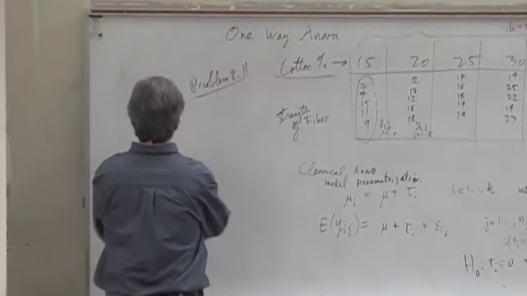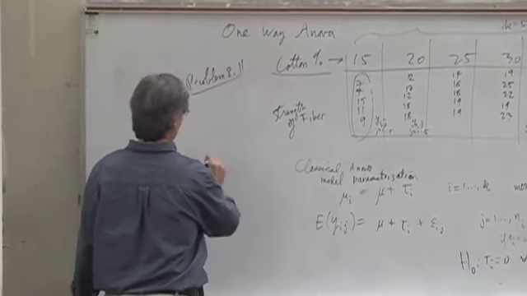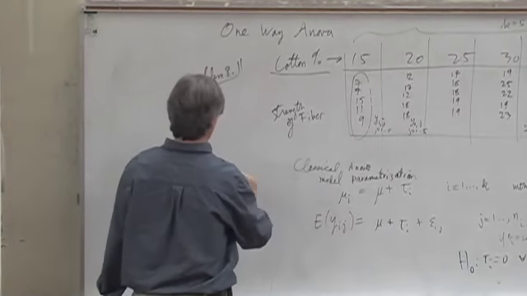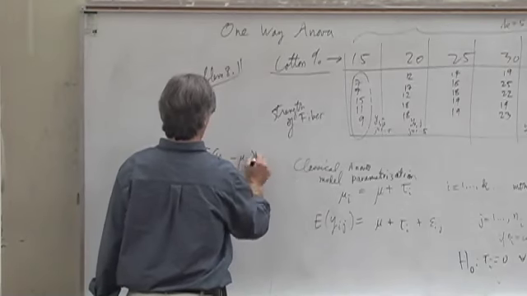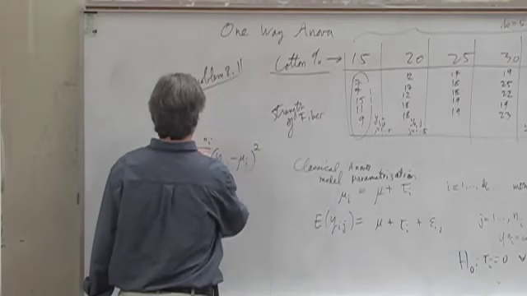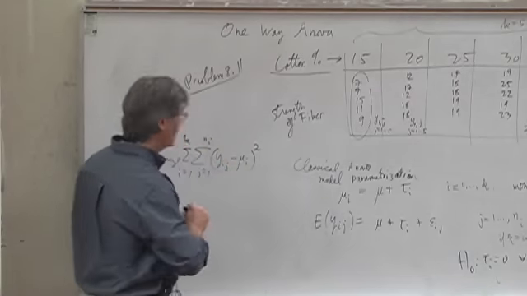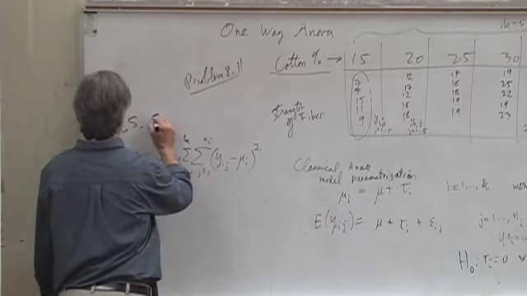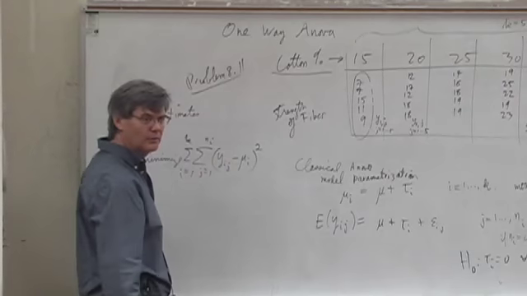I can go back to the original model. The summation of yij minus mu i, squared, where j goes from 1 to n sub i, and i goes from 1 to k. This is the least squares problem, the least squares estimates. The sum of squares is what it is.